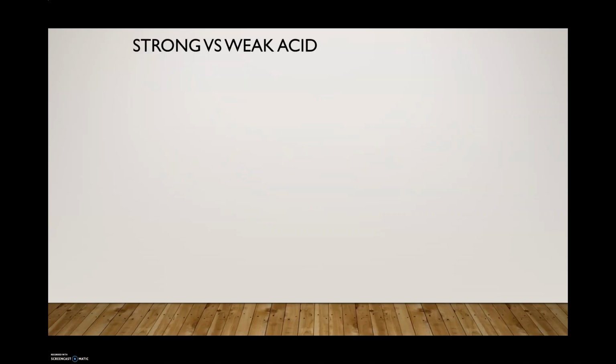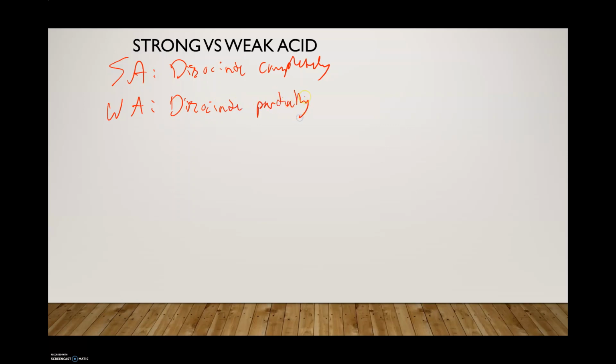So when we talk about acids, we have to understand that there's a difference between a strong and a weak acid. Strong acids are going to dissociate completely, and a weak acid will dissociate partially. So what does that mean? Well, when we write out the reactions, let's say we have a strong acid, HCl.